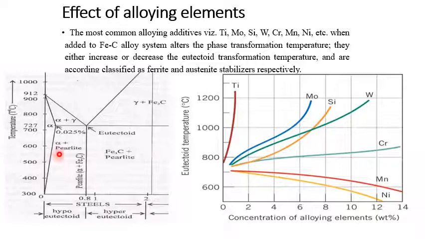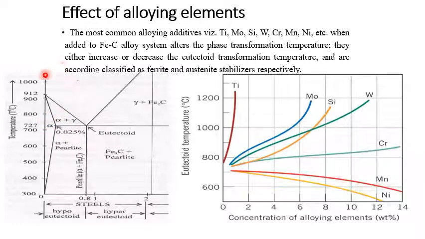Once this eutectoid temperature either increases or decreases, the area in which the ferrite and austenite stabilizers act will change. For example, if the temperature increases from 727 to 800, the area below the curve will increase, which means the ferrite is stabilized at a high temperature also.